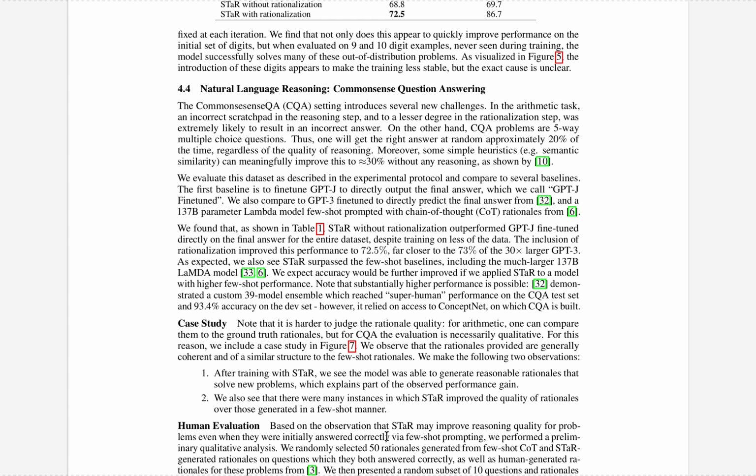Note that substantially higher performance is possible, demonstrated by a custom 39-model ensemble, which reached superhuman performance on the CQA test set and 93.4% accuracy on the dev set. However, it relied on access to ConceptNet, on which CQA is built.